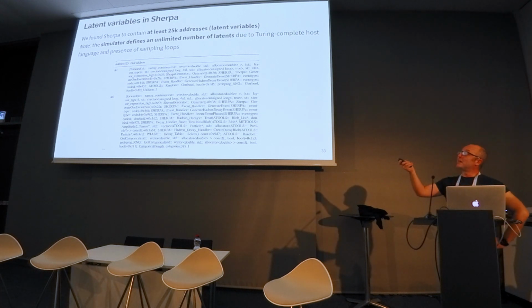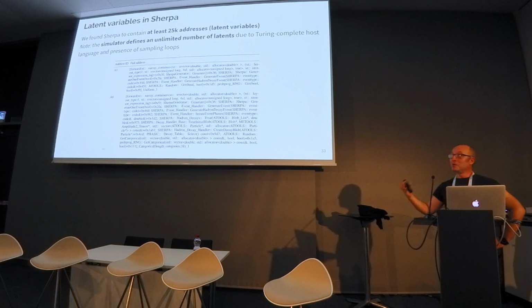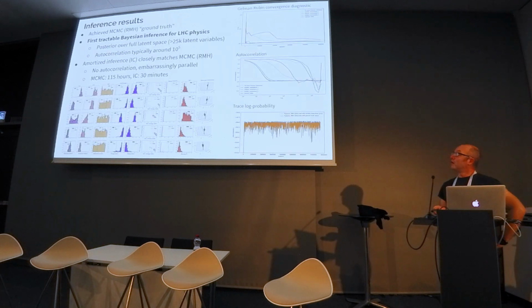So it has at least this many addresses for this problem implemented in Sherpa, but in practice, it's an unlimited number of addresses because this is a Turing-complete system. It's in C++, and there are loops in it, and the control flow is influenced by what is sampled. So theoretically, this thing defines an infinite probability model. So you cannot say it has this many latents.